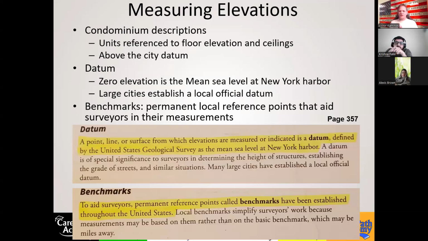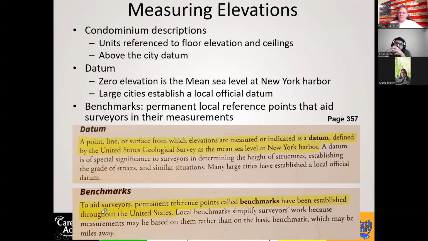So benchmarks are permanent local reference points that aid surveyors in their measurements, which could be based on the actual benchmark, which is miles away. A point, line, or surface from which elevation is measured or indicated is a datum, defined by the United States Geological Survey as the mean sea level at New York Harbor.